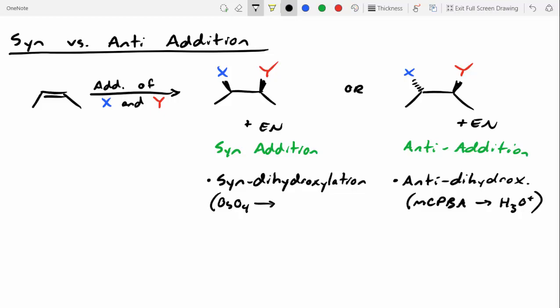What was the reducing agent we used? It was sodium bisulfite to reduce off that osmium. We didn't need to know the mechanisms for those, but they're closely related. They just differ in the stereochemical outcome.